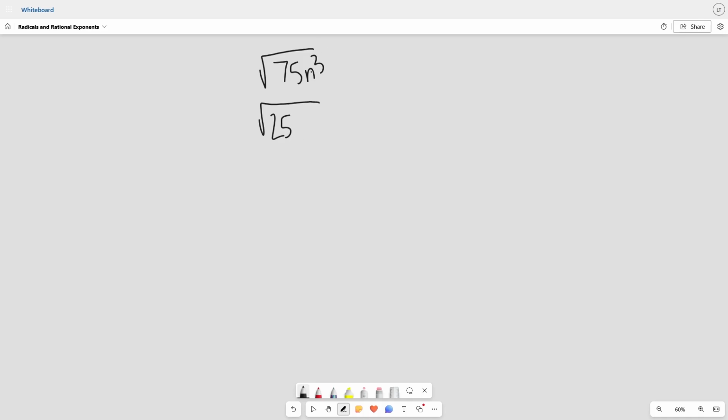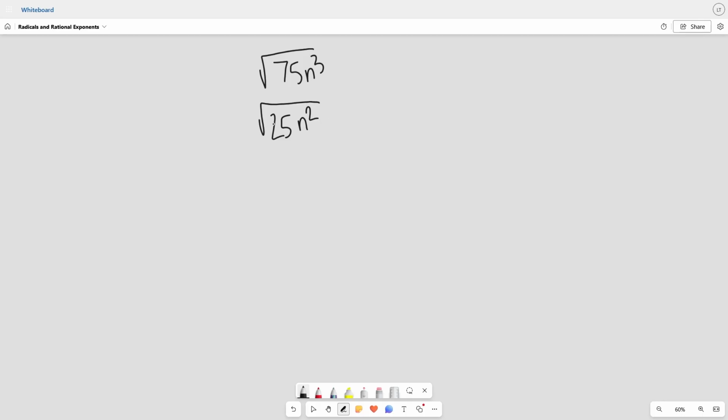We can also separate out an n squared from the n cubed. Basically what I'm doing here is you want to separate out perfect squares. So like square root of 25 is 5, because 5 times 5 equals 25. And the same goes for n squared.